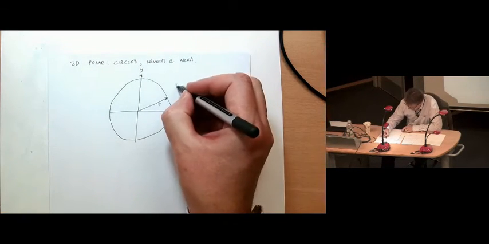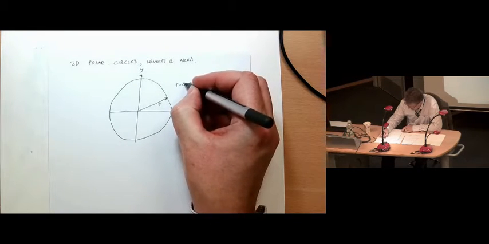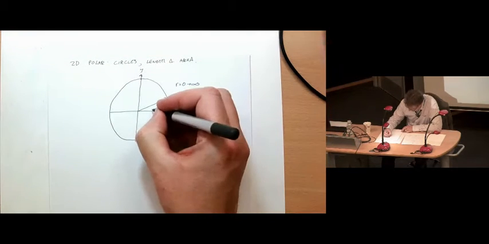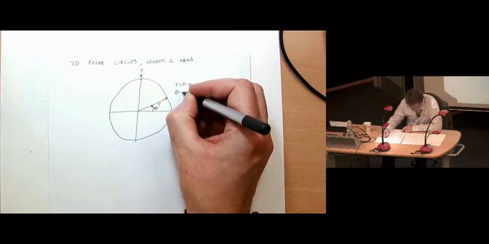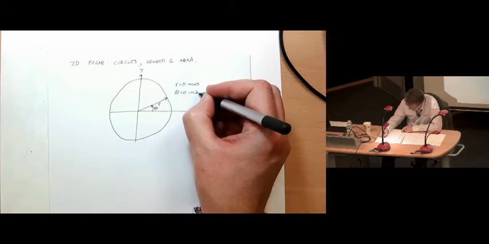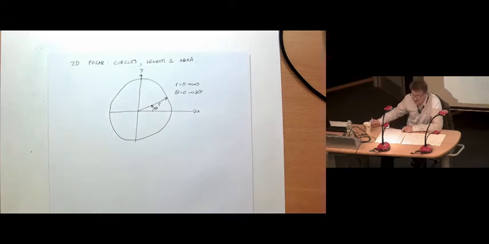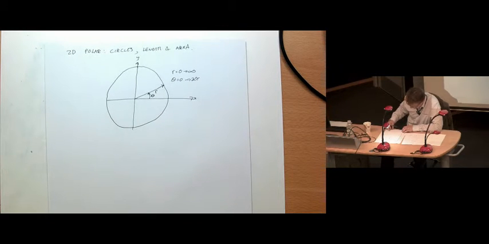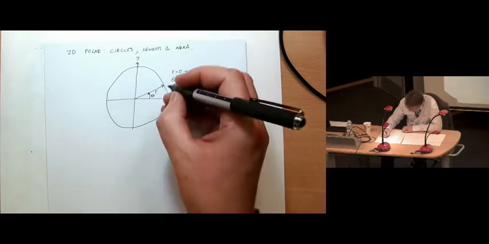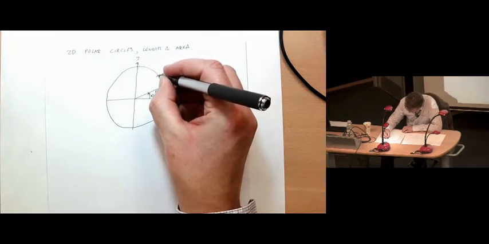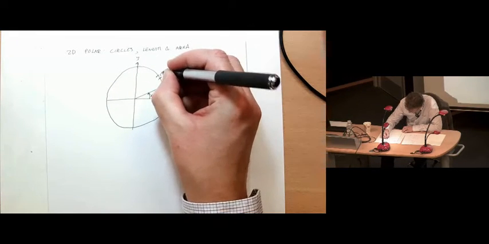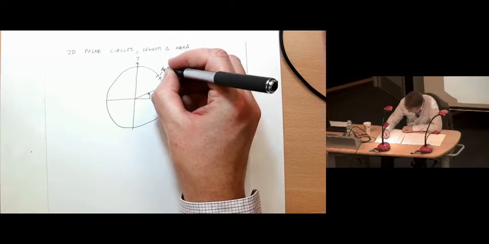So r can take a coordinate from 0 to infinity, and I've also got an angle theta, and theta can run from 0 to 2 pi. So it's a different theta to the 3-dimensional one. Let's consider a small element, and let's call it dl.